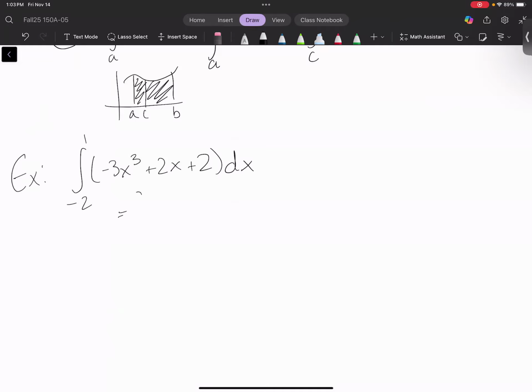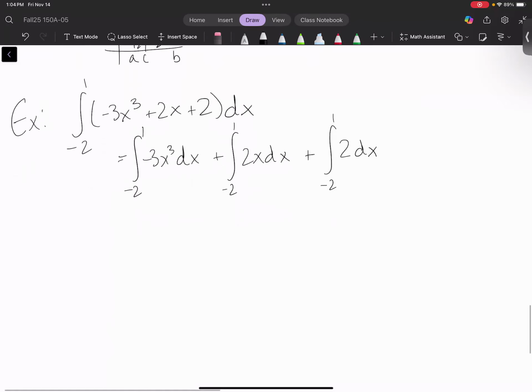So what that's going to be is the integral from -2 to 1 of -3x cubed dx plus the integral from -2 to 1 of 2x dx plus the integral from -2 to 1 of 2 dx. Okay. So it's just like with derivatives. If you're doing a derivative of a sum of a whole bunch of stuff, just do each piece individually and then stick all those together, right? So we're carrying over our intuition here from derivatives.